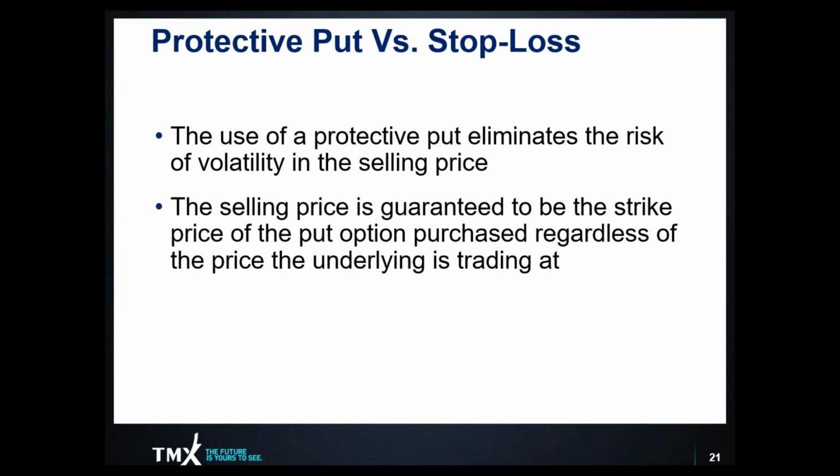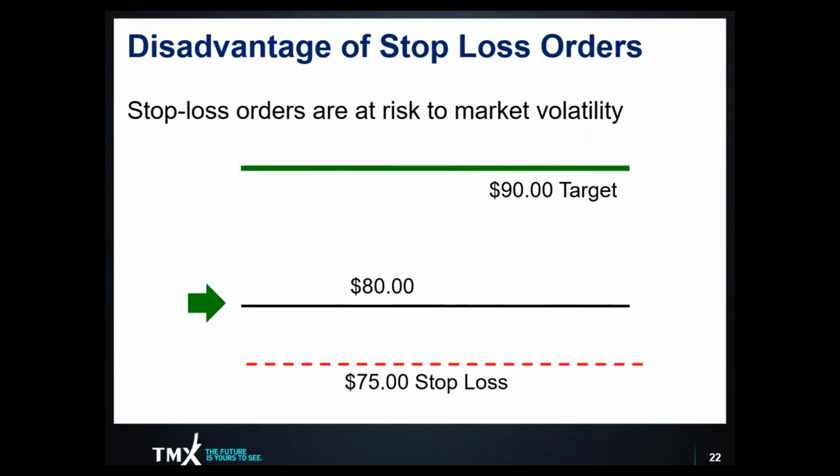So we actually can sit back and be a little bit more comfortable and confident because of this protective put, recognizing that the market noise that's taking place is not going to force us out of the position. The selling price is guaranteed to be the strike price of the put option purchased, regardless of where the price of the underlying is trading at.